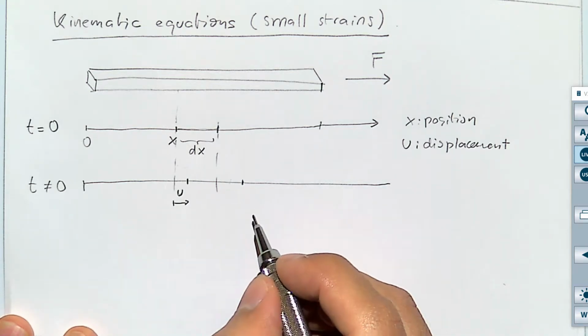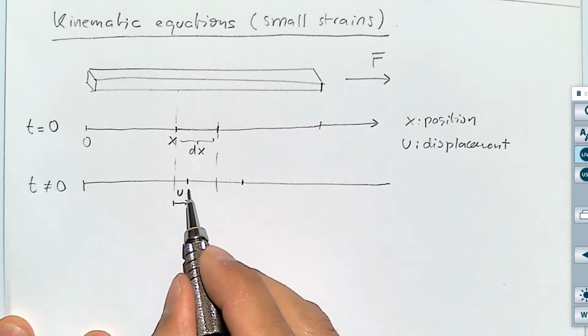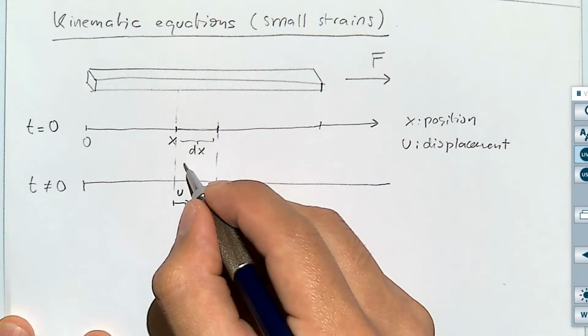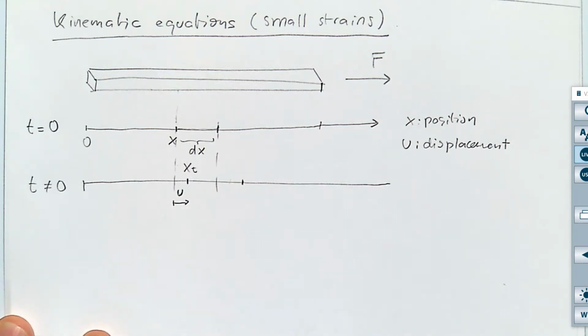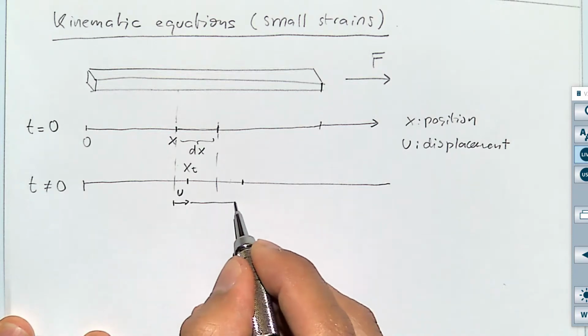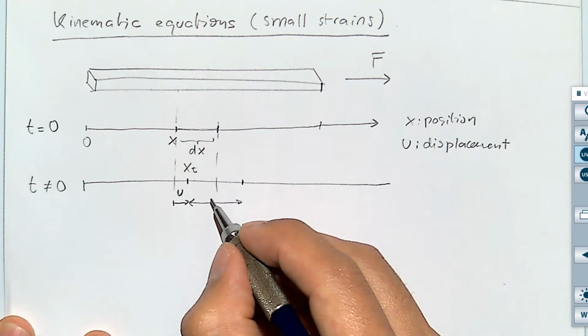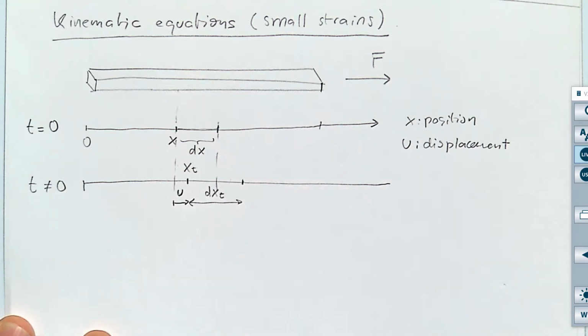Now let's see. The new position of this point is going to be x at time t, and the new length of the stretched bar is going to be dx, but now at time t as well.